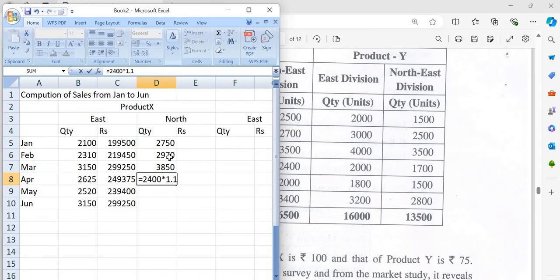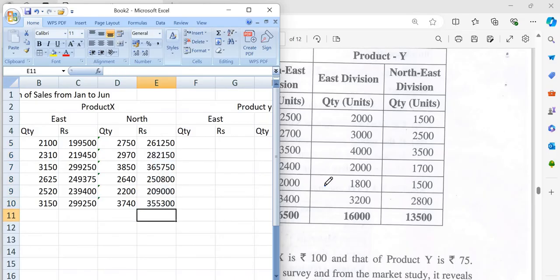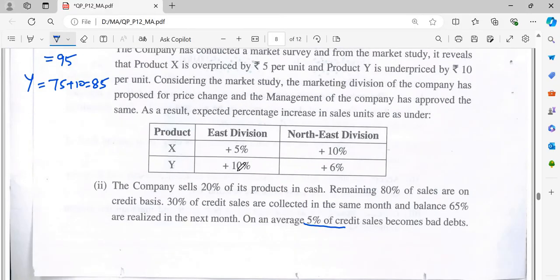So 3500 into 110, 2400 into 1.1, 2000 into 1.1, and 3400 into 1.1. For North also the price is only 95 rupees, so my sales will be calculated at 95, and the total sales value will be 17 lakh 24,250.